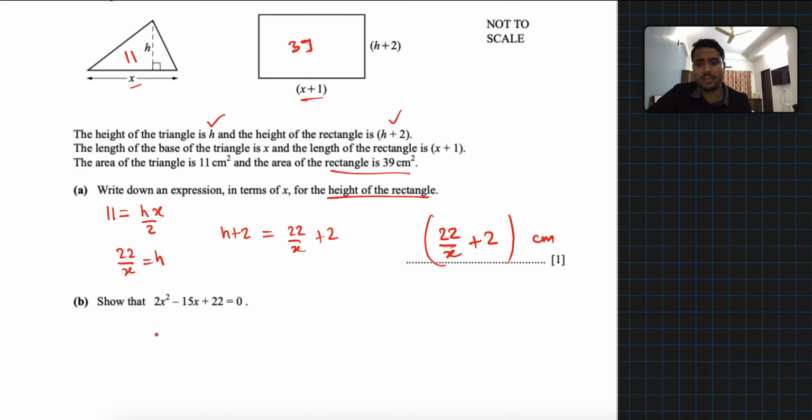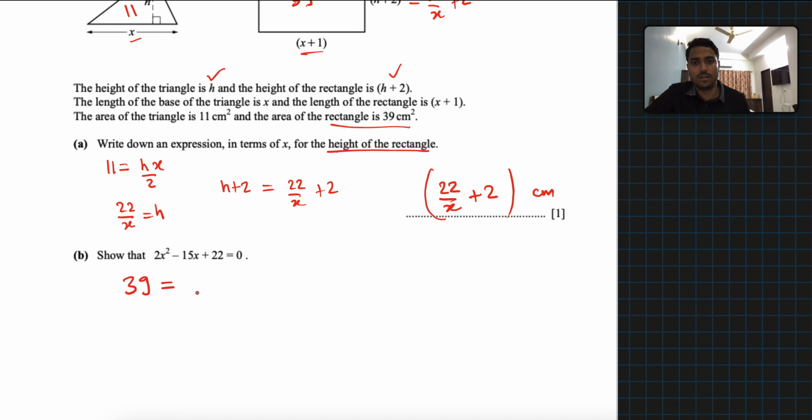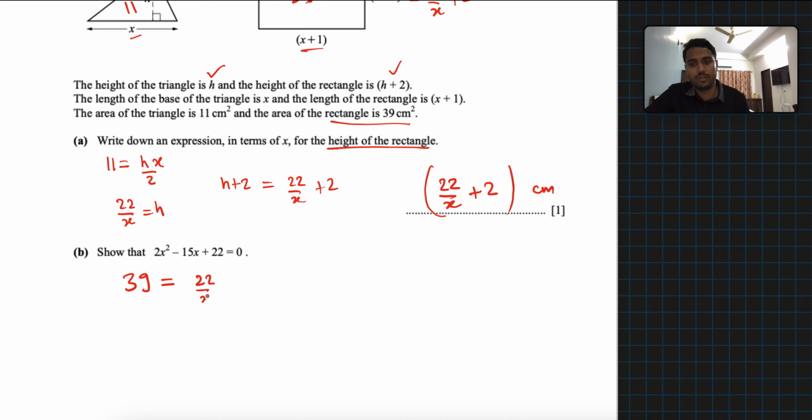Now in the second part they are asking us to show that 2x square minus 15x plus 22 equals 0. The height of the rectangle is 22 over x plus 2, this is the base, and this is the area. So we can write area 39 equals 22 over x plus 2 multiplied by x plus 1.